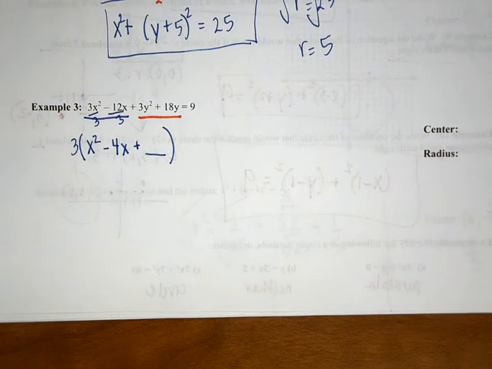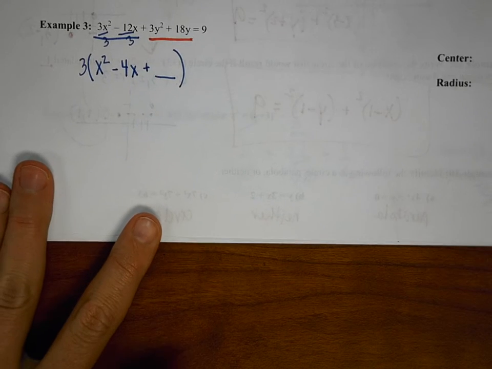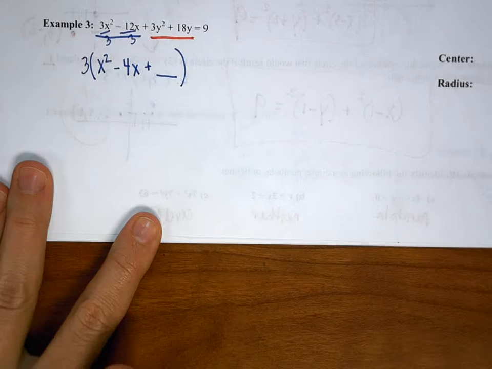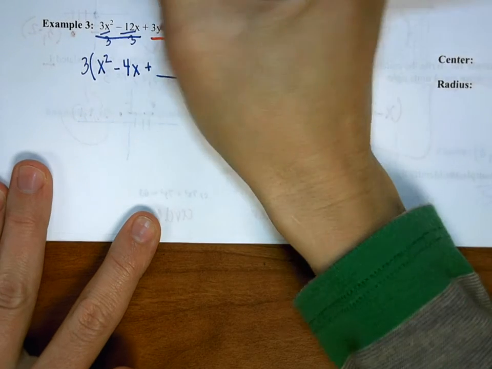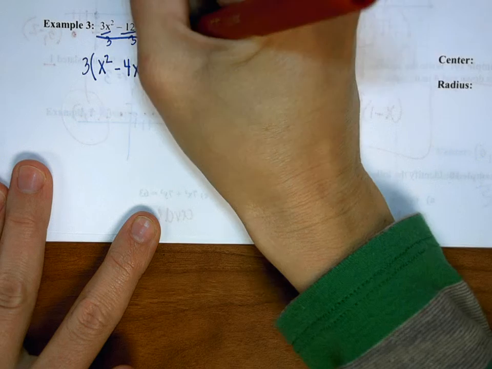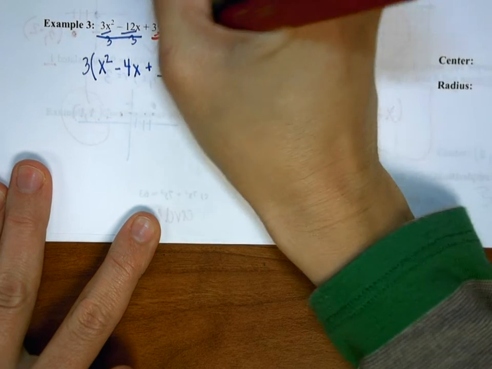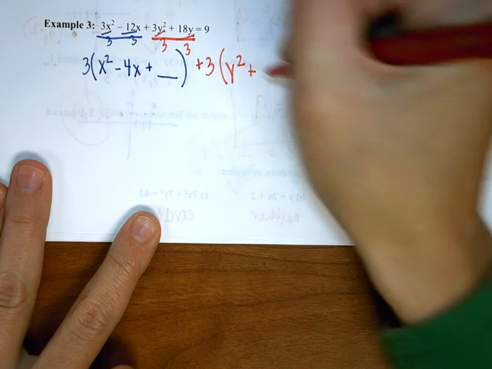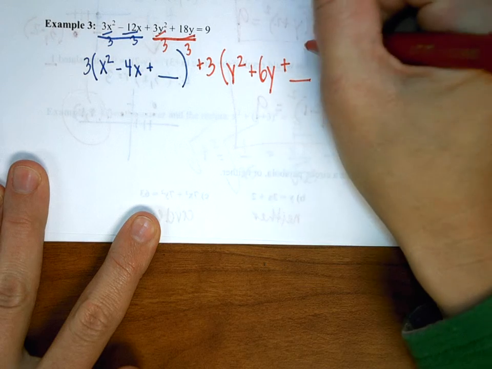Okay, and then we're going to move on to the y's. For the y's, I'm going to factor out a 3 as well, because there's a 3 in front there. When I divide that by 3, I get y squared, plus 18y divided by 3 makes 6y, plus a blank. Close our parenthesis.